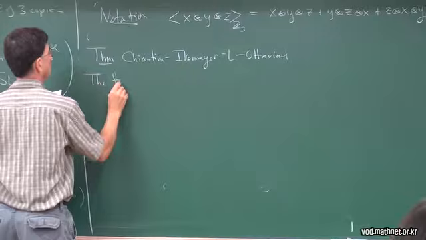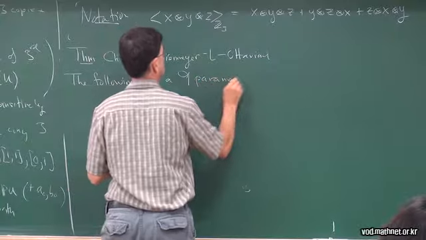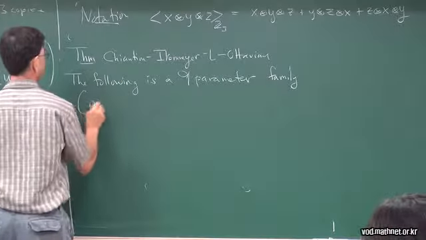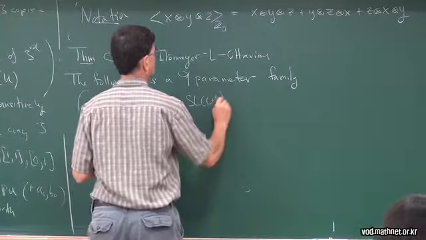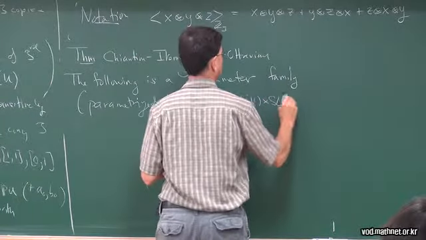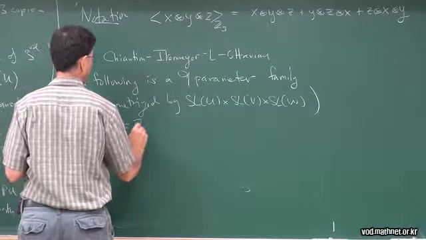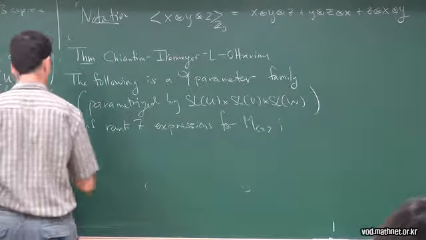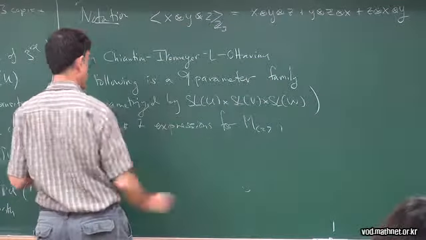The following is a 9-parameter family, parametrized by SLU cross SLV cross SLW, of rank 7 expressions for M2. So first we take those 3 points.